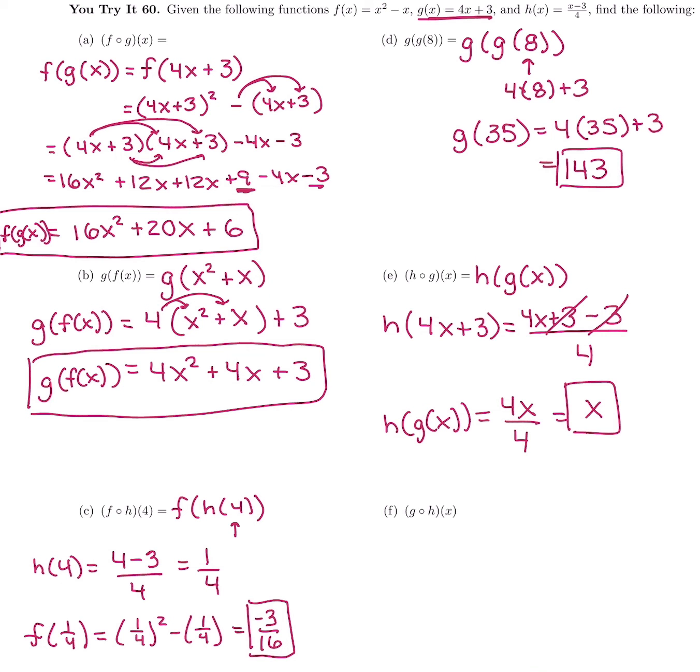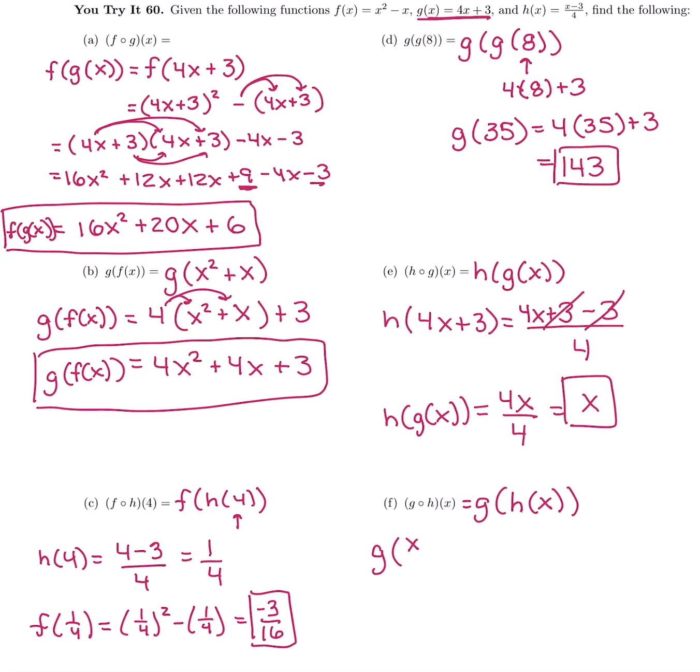If we work it the other way and do g of h of x, let's see what we get for that. That means I'm going to go into g and replace those x's with what h of x is. In other words, g of h of x is really x minus 3 over 4, which means I'm going to have 4 times x minus 3 over 4 plus 3, instead of 4x plus 3.